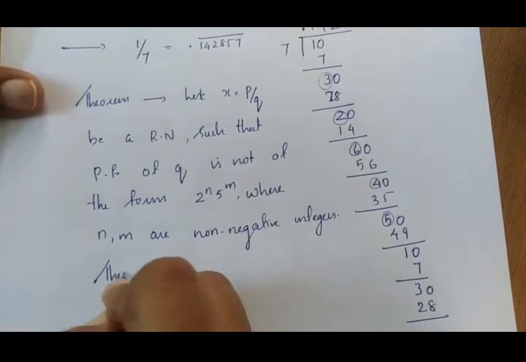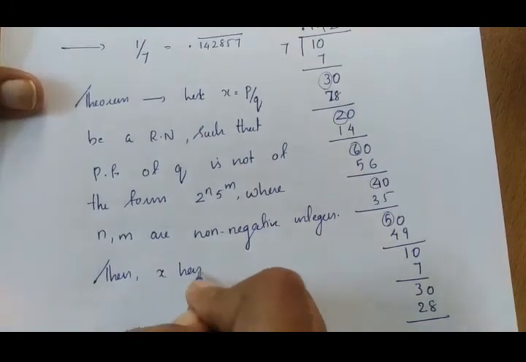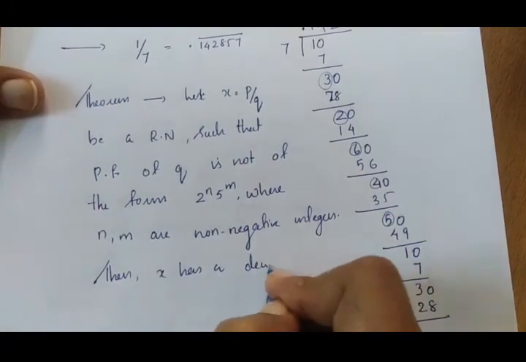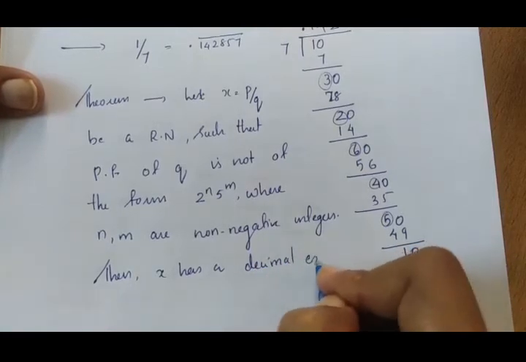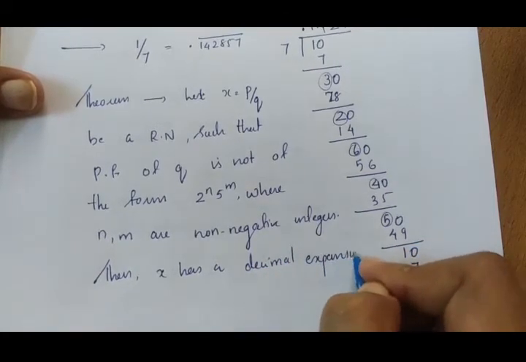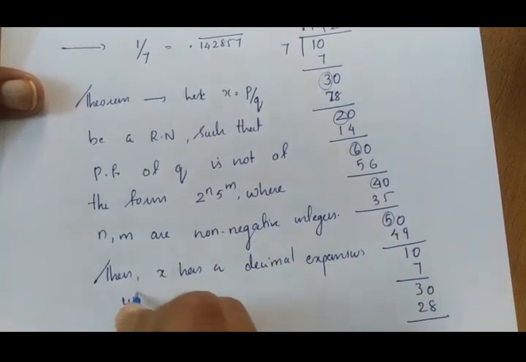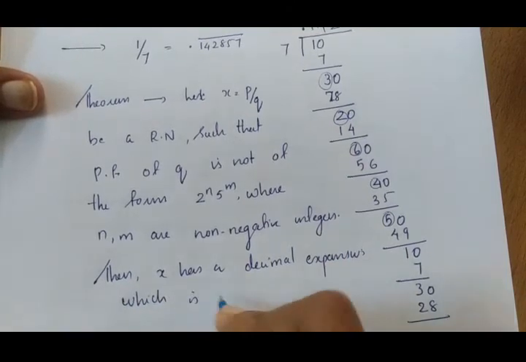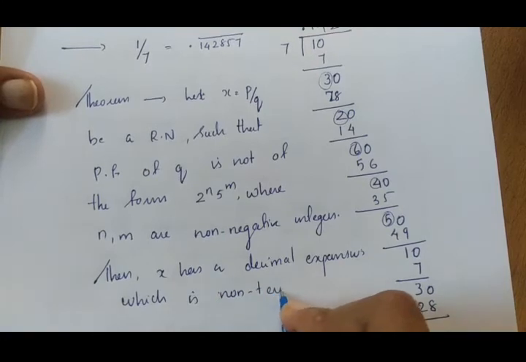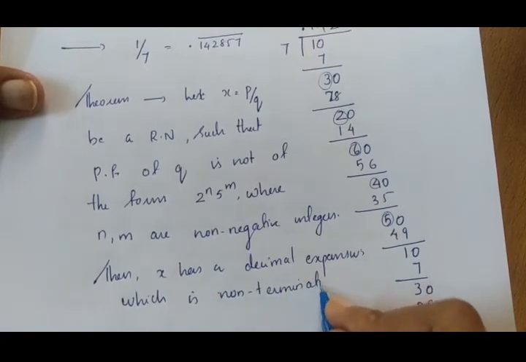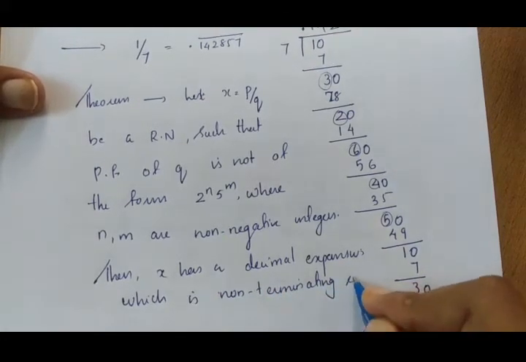Then x has a decimal expansion which is non-terminating repeating.